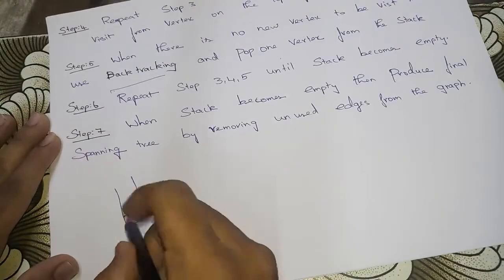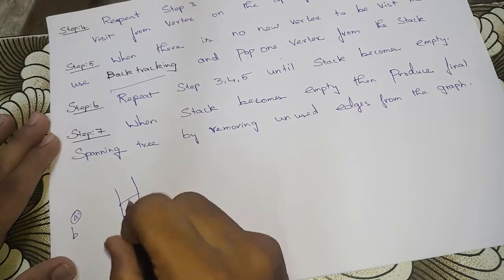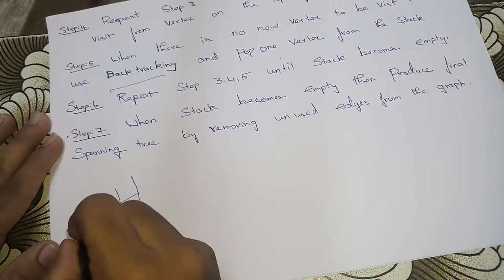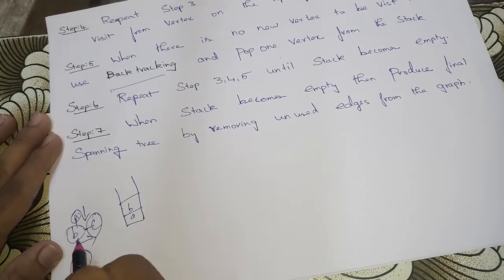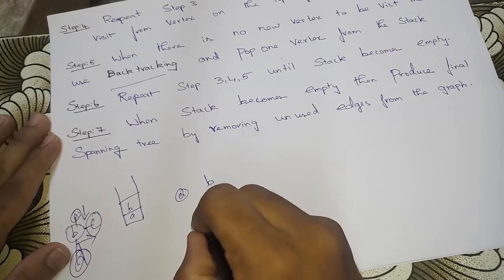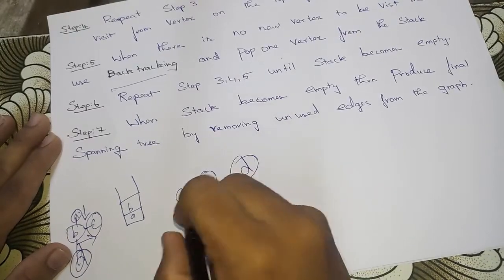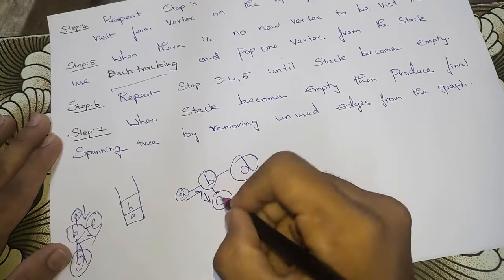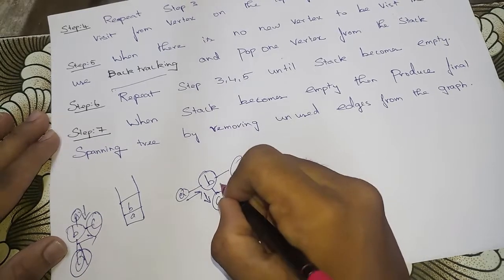Example: if it travels from A to B, B to C, and there is no other vertex, we must use backtracking.